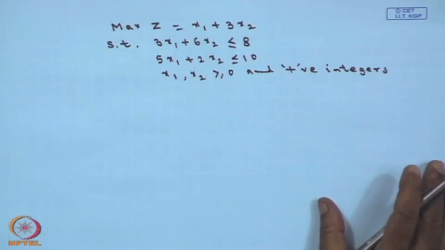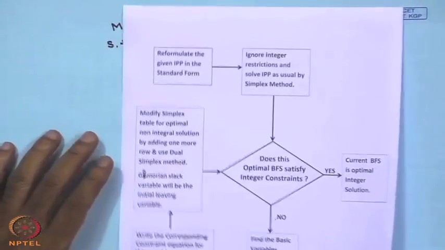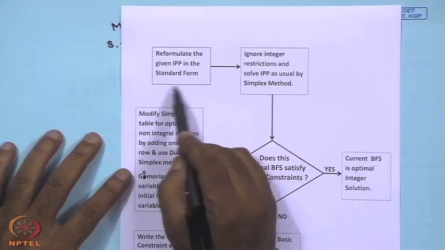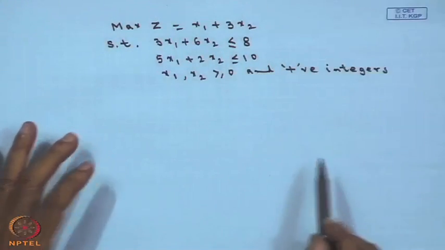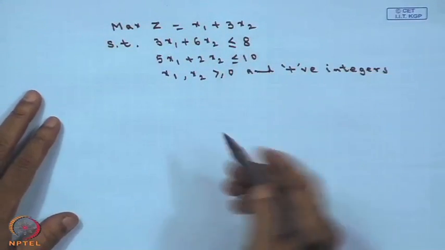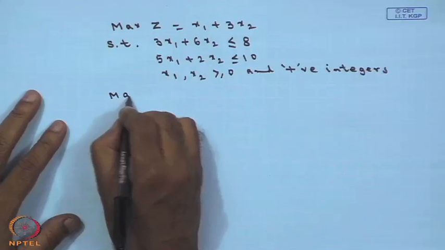As per our flow chart, reformulate the given problem in standard form. In standard form I have to make the constraints equalities, so introduce two slack variables.